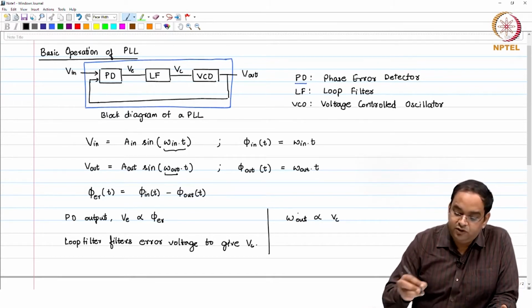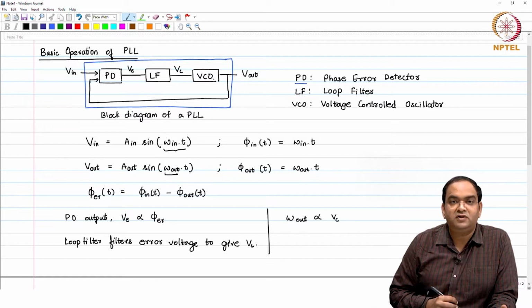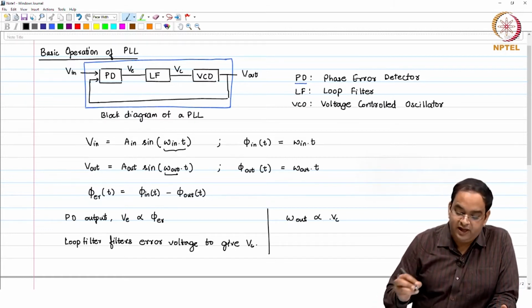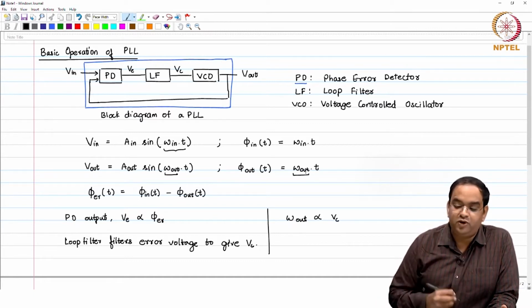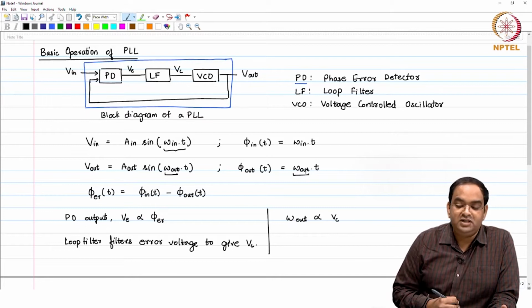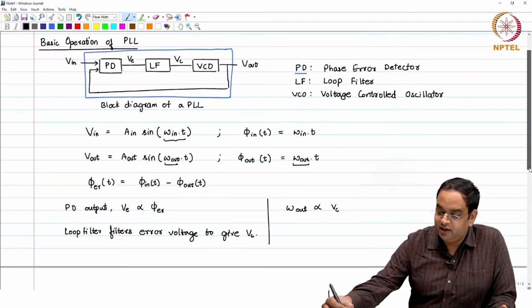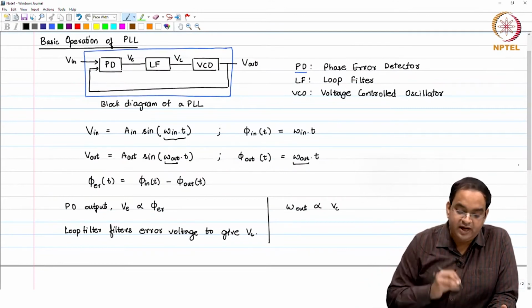And when you change the frequency of the oscillator in proportion to the control voltage, you actually change the phase at the output of the voltage controlled oscillator. We will look at it in detail one by one.